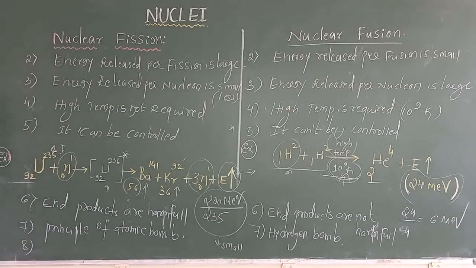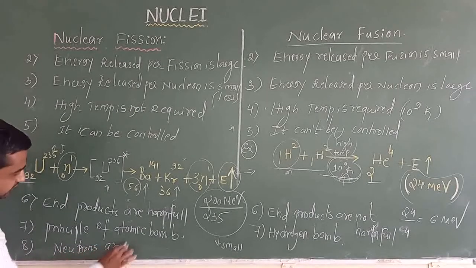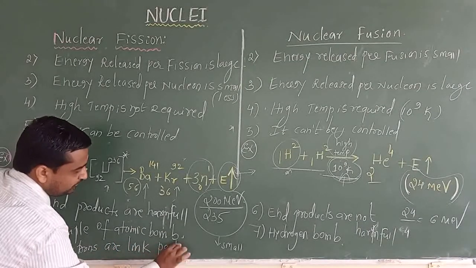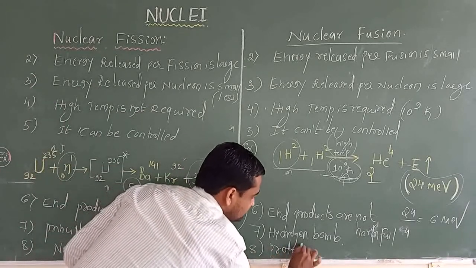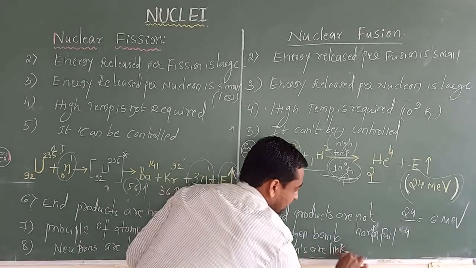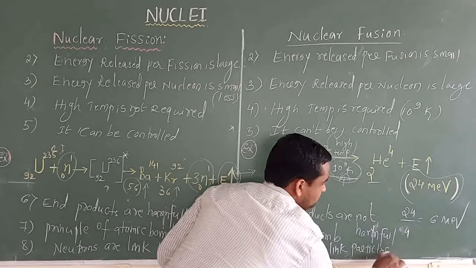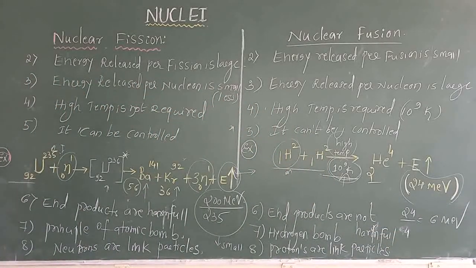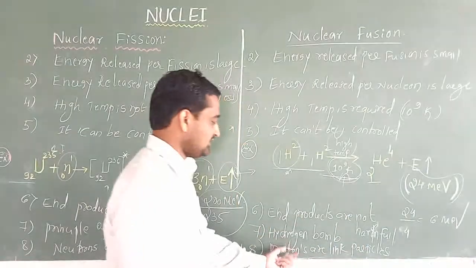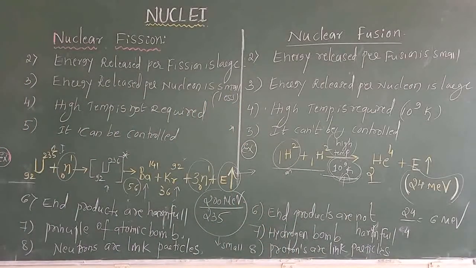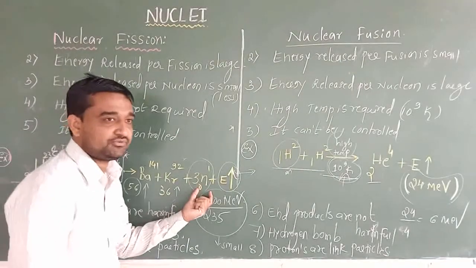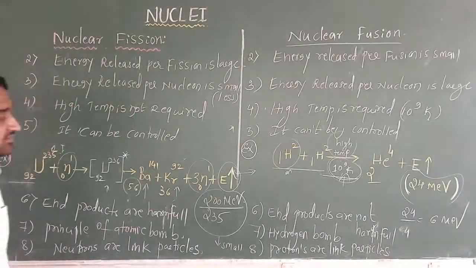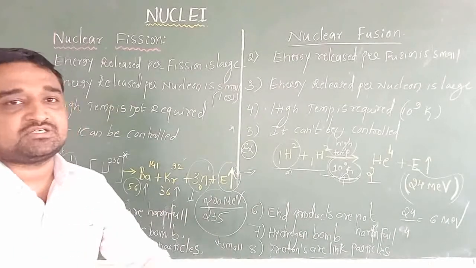The last difference you can write here: neutrons are the link particles in fission, and protons are the link particles in fusion. How do nuclear fusion reactions continue? The protons link one reaction to another. In nuclear fission, two or three neutrons are released in the products, and these neutrons continue the next nuclear fission reactions.